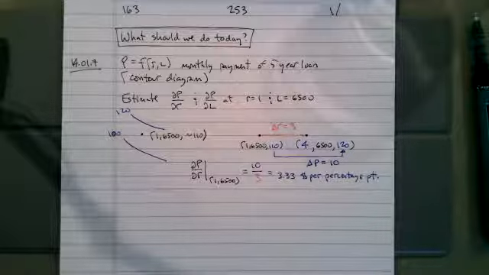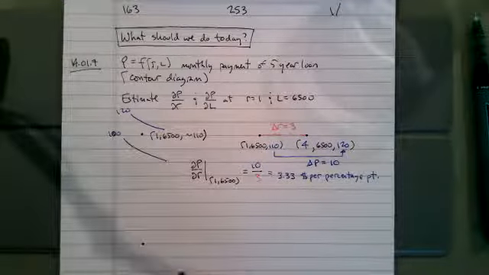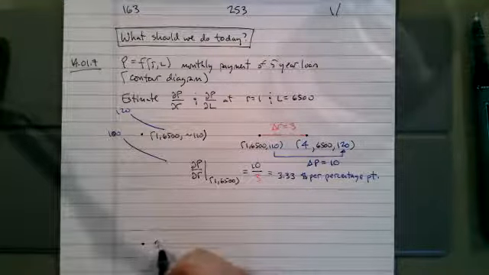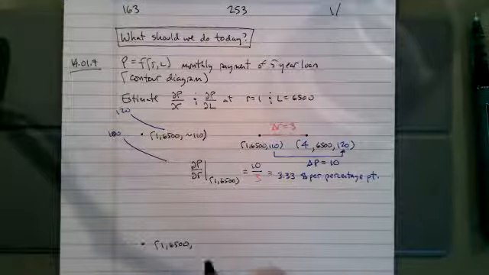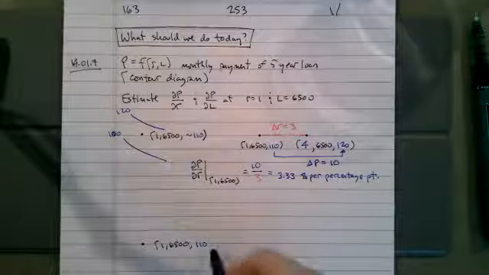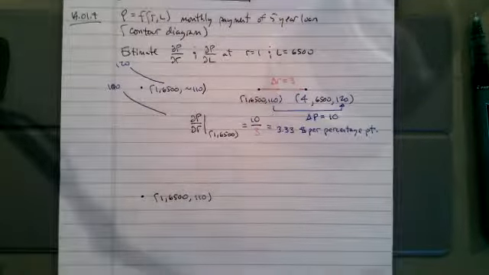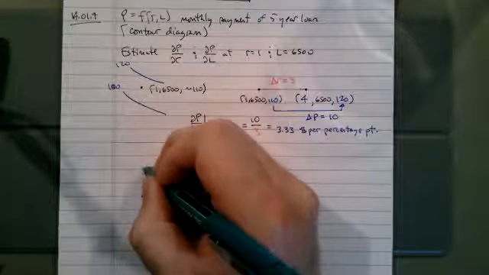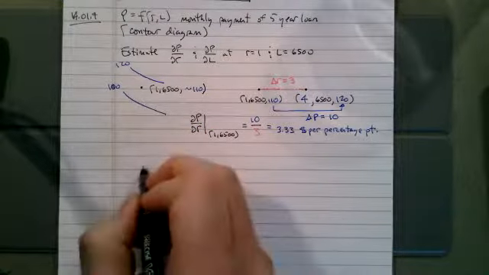The next direction we would want to go is to look at the point 1, 6,500 and approximately 110. We would want to look at how much things change in the vertical direction for L. So I'm going to choose to go up to the next place.